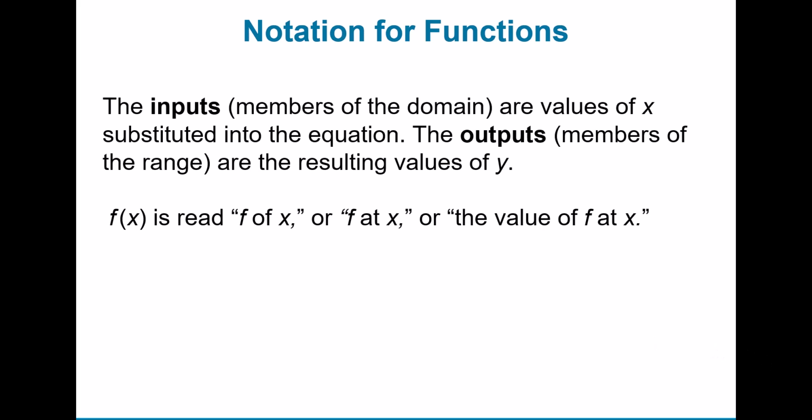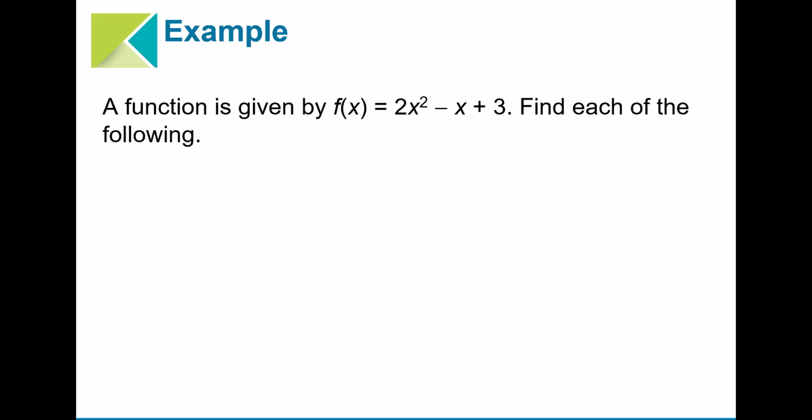Where you have been solving equations with y equals, we now simply change y to this notation, f of x, where f of x is your y, your range, your output, and x is what you're actually inputting. So if we're given this function, f of x equals 2x squared minus x plus 3, and we're asked to evaluate it at f of 0, that means everywhere you see an x, you simply plug in 0.